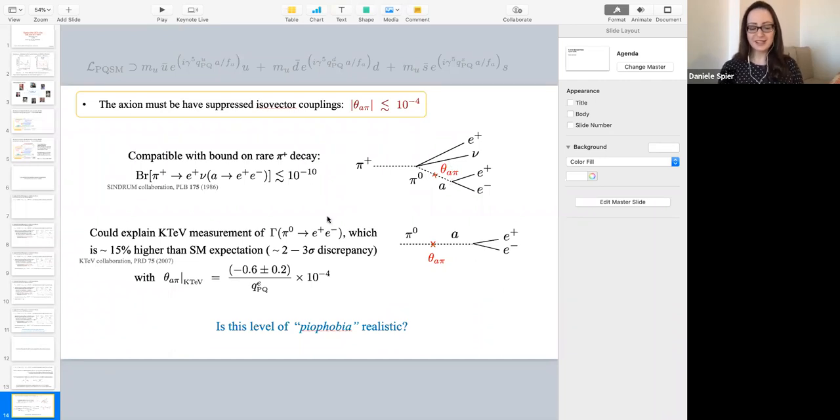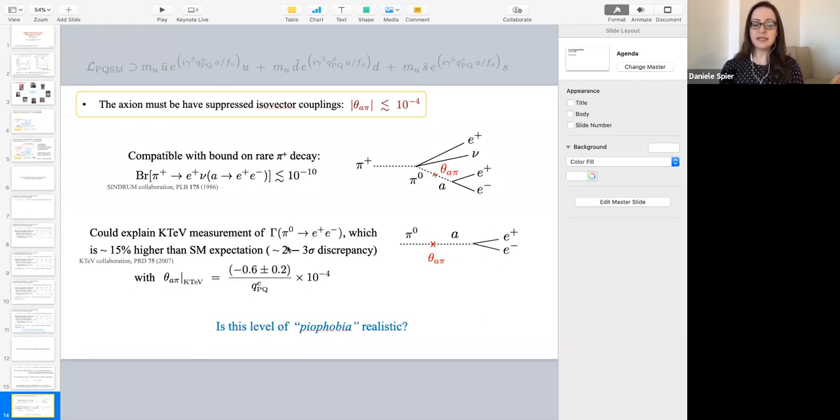Now, what's interesting, I think, is that if the axion-pion mixing is just a little smaller than 10 to the minus 4, then you can actually explain another anomaly. It's known as the KTeV anomaly. That is a discrepancy between the standard model expectation and the observed rate for neutral pion going to e+ e-.